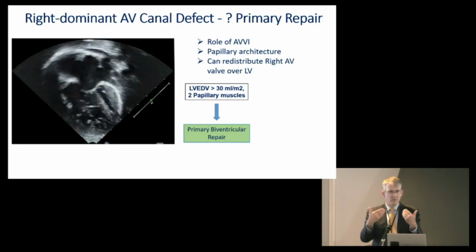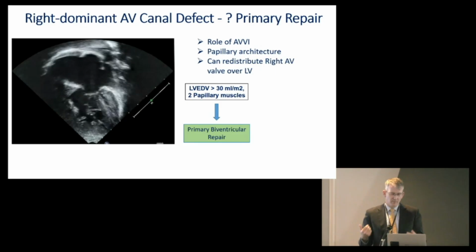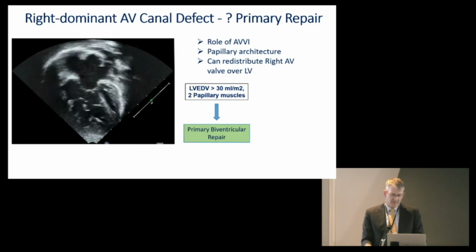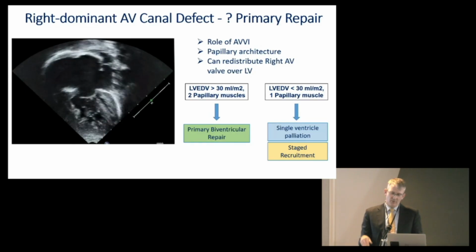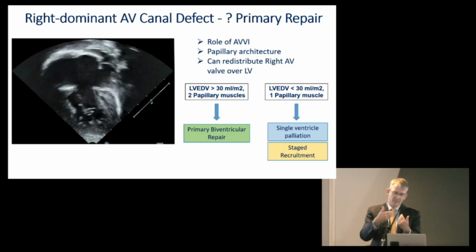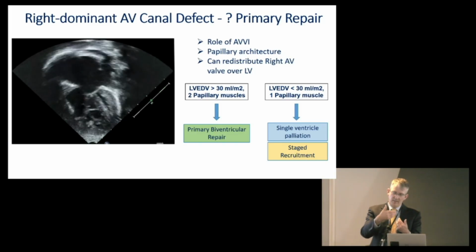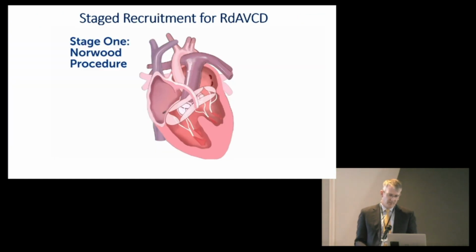If you have two well-spaced papillary muscles, that's encouraging. If you have a single papillary muscle, what we call a parachute valve, that's a higher risk group and often will need further recruitment. And so for many of these patients, we do take a step of closing the atrium, the atrial septal defect, with a patch and encourage that flow to the left ventricle.